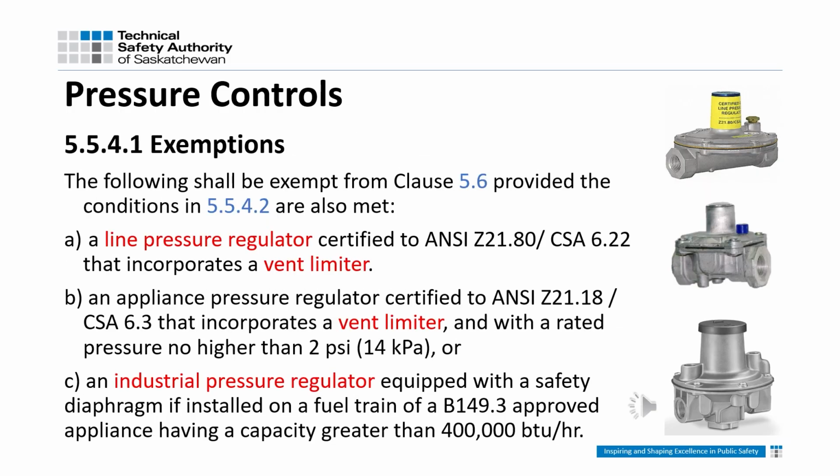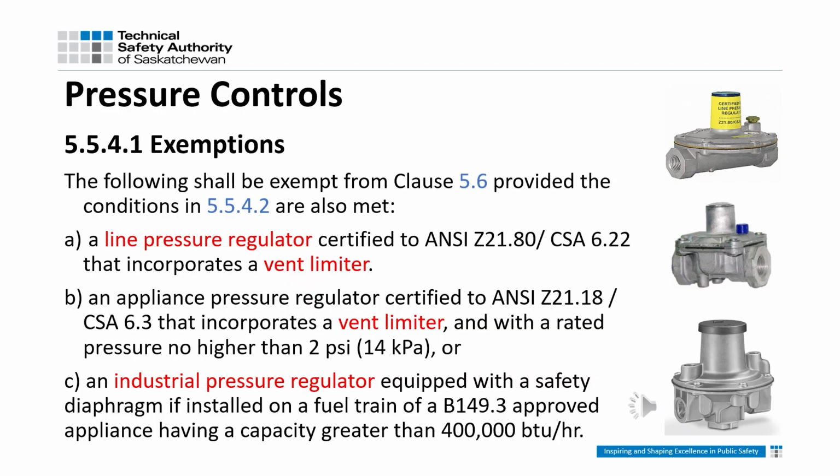5.5.4.1 falls under 5.5.4, venting, exemptions for pressure regulators. This simplifies and allows applications for both line pressure regulators and appliance regulators, and allows existing Clauses 5.2.2.5, 5.2.4.1, 5.2.4.2, 5.7.1.3, and 5.7.2 to be eliminated, streamlining the requirements.